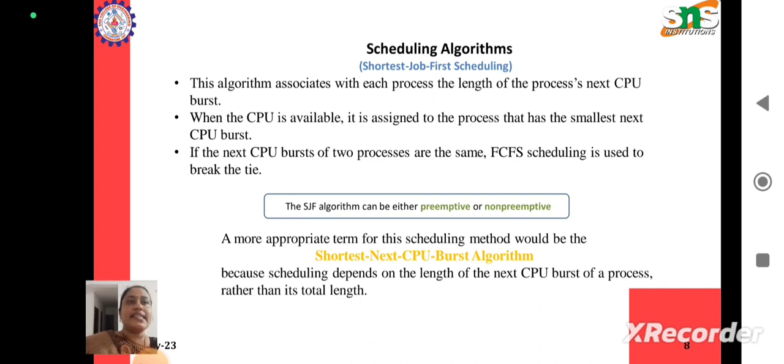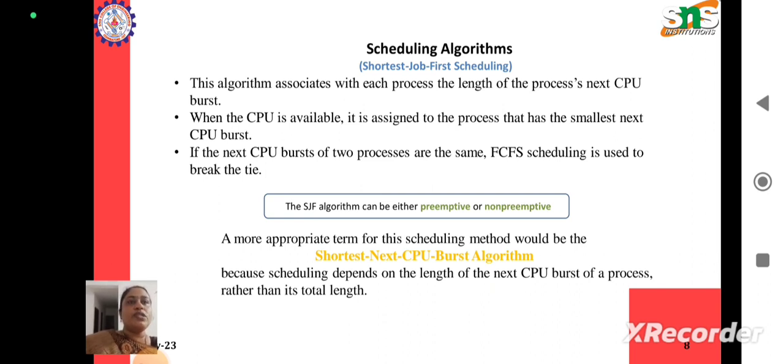That means the next time this process is going to use the CPU, how long is it going to take. Based on that, the process will be assigned to the CPU. So the process having the least next CPU burst will be the one to get the CPU first, and this pattern will be followed for the remaining processes as well.